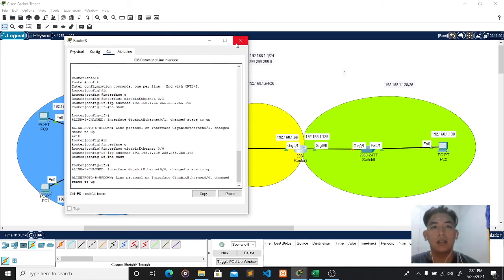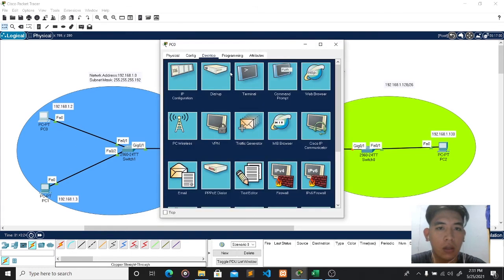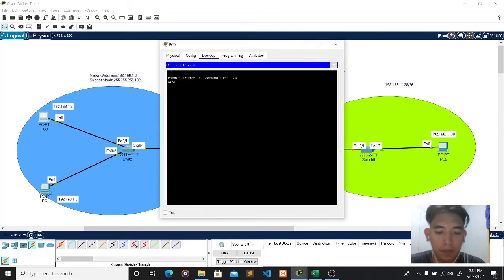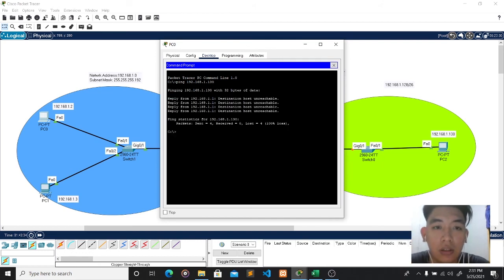Okay, so itatry natin na hindi pa tayo magra-router rip. So itatry natin na i-ping from PC2 to PC0. Ping 192.168.1.130. Okay, so may nag-reply na destination host unreachable.